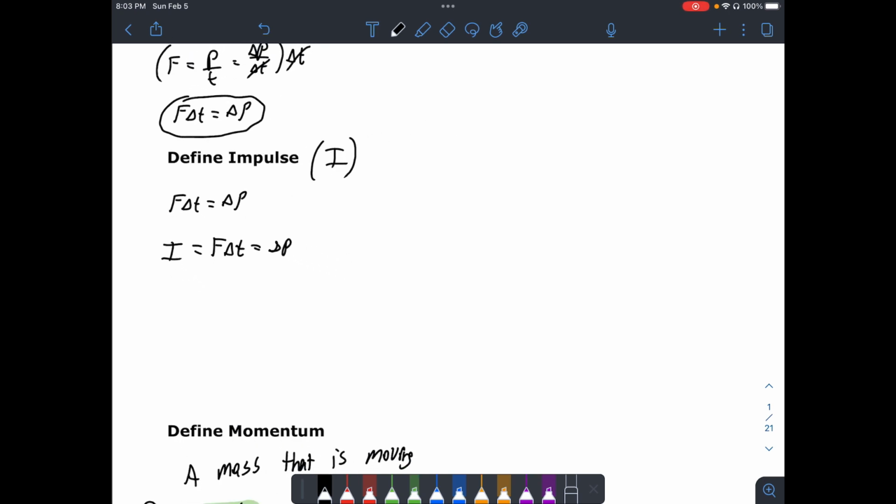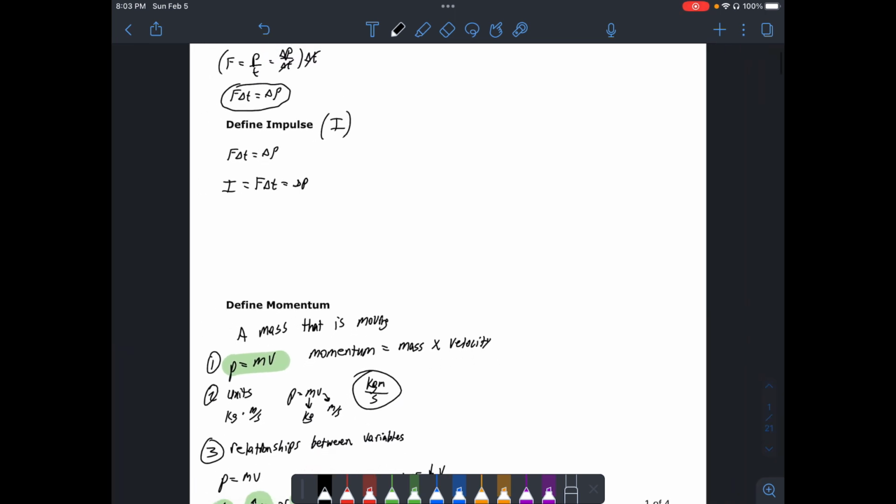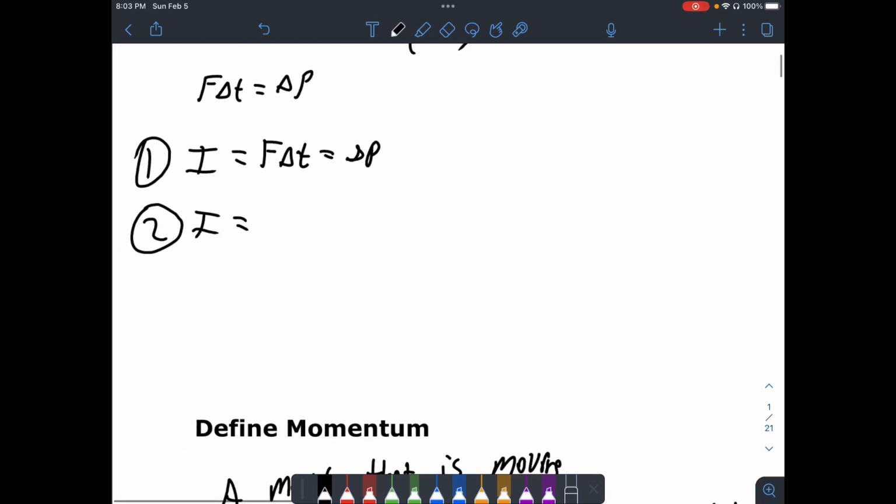So this is our first, remember, we have three things that we want to talk about. One of them is just our symbolic equation. Our second is our units. So the units on impulse is going to be the units of force, which is newtons, or N, times our units of time, which we know is seconds.